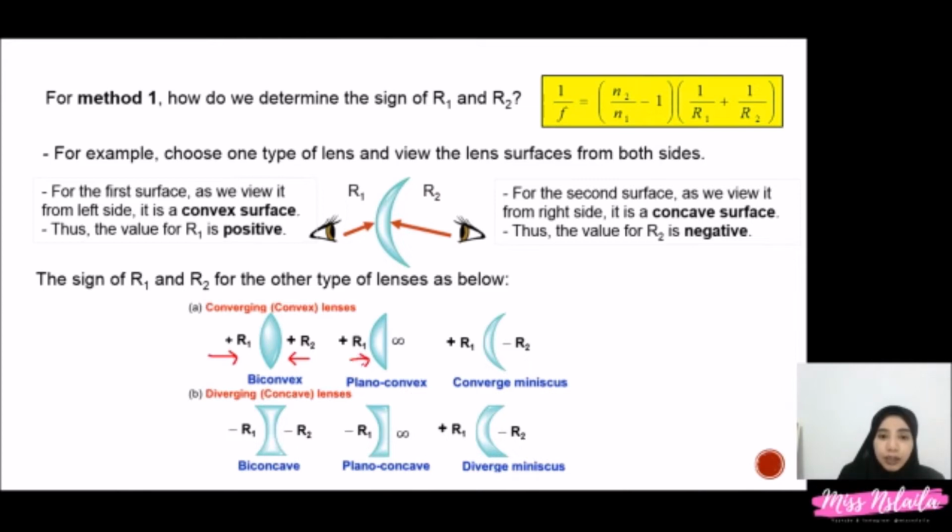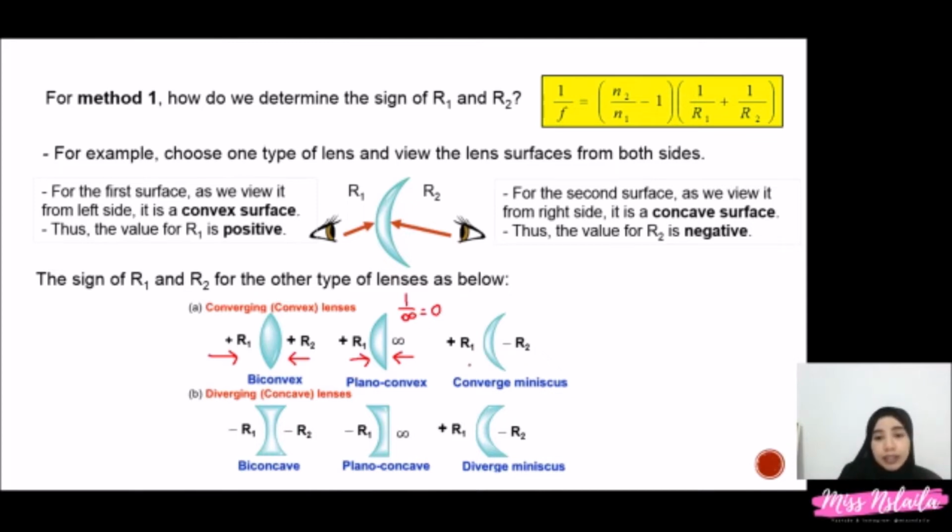For this one, when you look from this side, it's concave, so it's negative. And for this side, since it's flat, a plane surface, it will be infinity. How do we use infinity? So 1 over infinity is equal to 0. So later in the equation, just substitute infinity, and then 1 over infinity will be equal to 0.